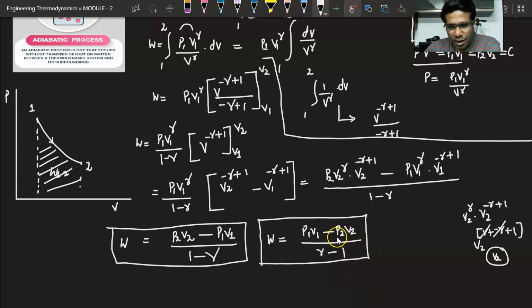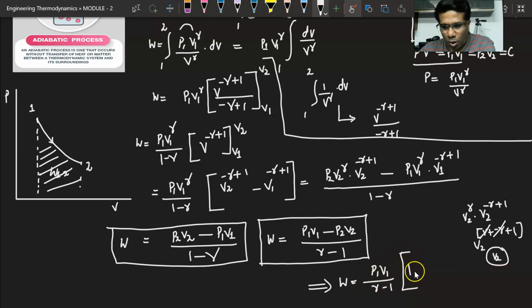Again, if I take this P1 V1 outside, because P1 V1 is equal to P2 V2, then I can write W is equal to P1 V1 by gamma minus 1 into 1 minus P2 by P1 the whole raised to gamma minus 1 by gamma.